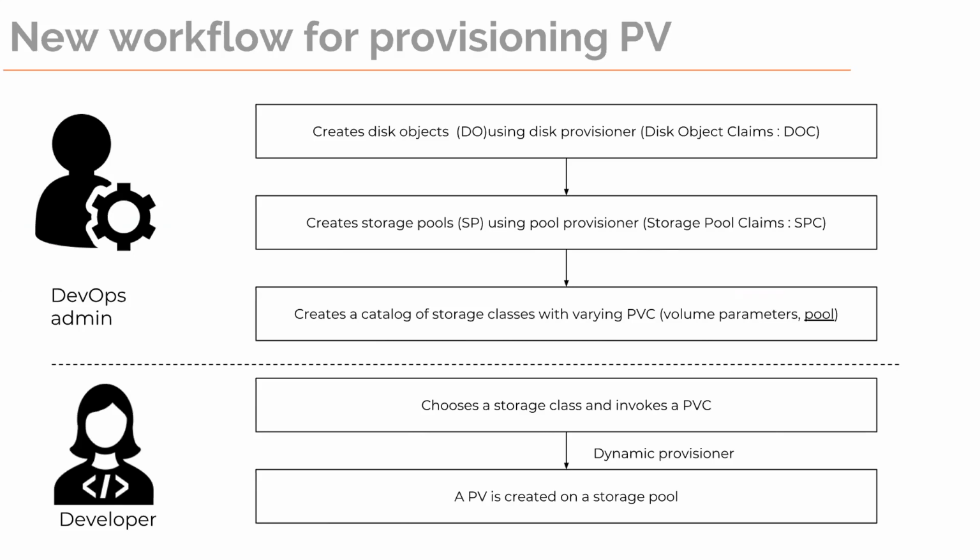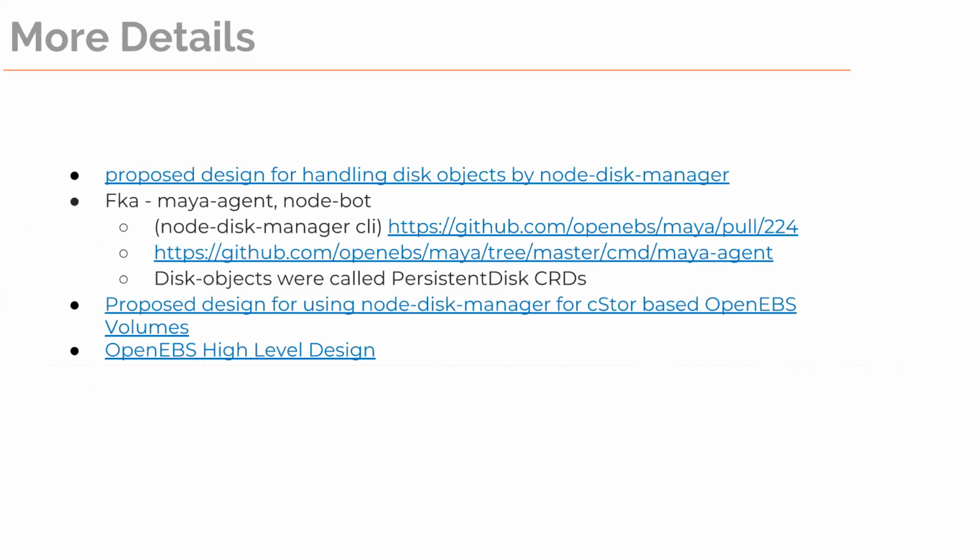So the DevOps admin can really control a storage class. Even though you have SSDs, you can say there are some faster, lower latency versus higher latency disk pools, and then be able to schedule a given persistent volume to the required target. So that's really it at a high level.